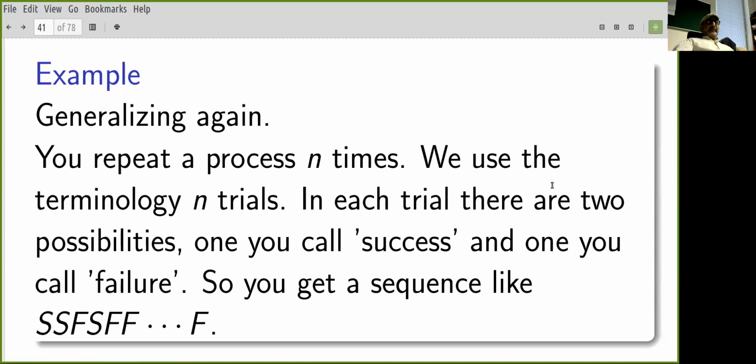There's a given probability p for success, and 1 minus p, which is q, is the probability for failure. When you have exactly two outcomes, we just call one success and the other failure.